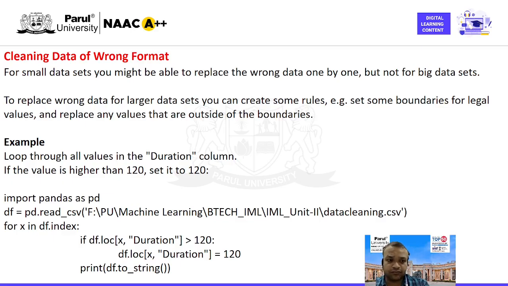But if you deal with a big data set, how can we perform it? How can we check each cell one by one? It is not possible because we have huge data, 1 lakh entries, 2 lakh entries, 5 lakh entries. So how can we check it?